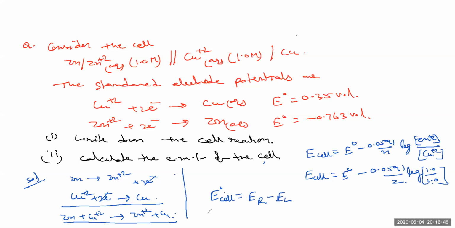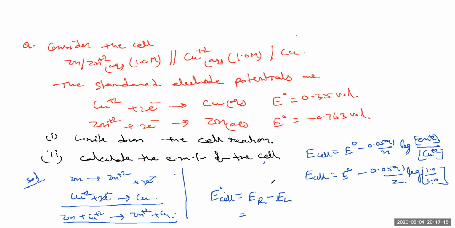What is ER? ER means reduction potential, EL means oxidation potential. Why R means reduction and L means oxidation: according to IUPAC conventions, the left hand side is oxidation and the right hand side is reduction. That means copper undergoes reduction and zinc undergoes oxidation.